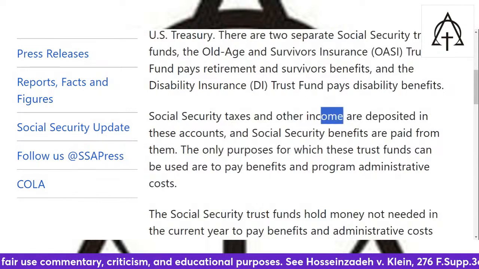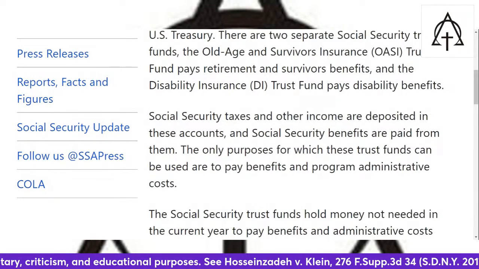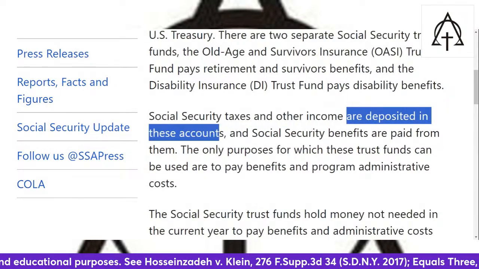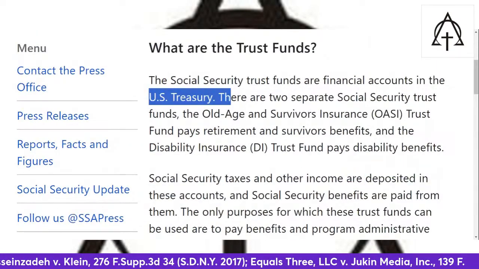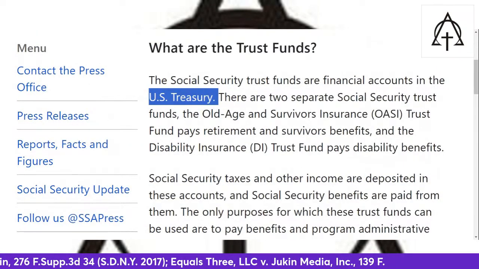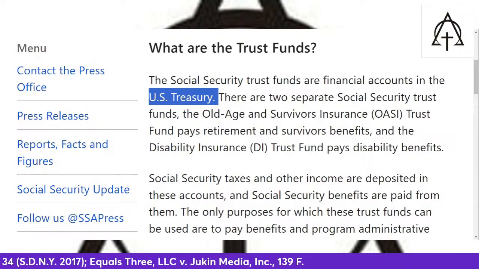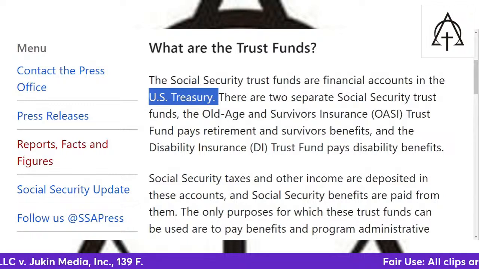It's an investment. Are deposited in these accounts. Financial accounts in the U.S. Treasury. Don't tell me that account doesn't contain credits.